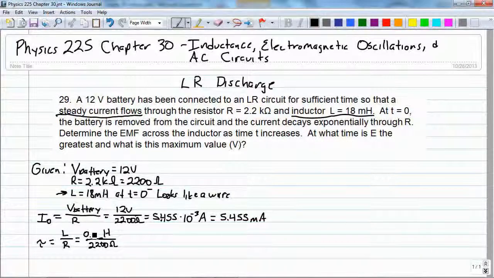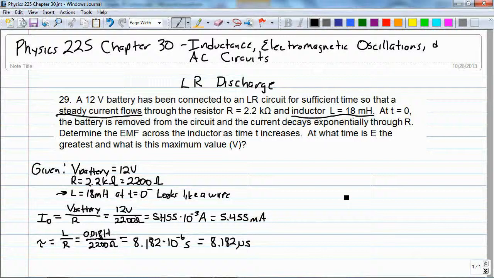That's 0.018, and that gives me a time of 8.182 times 10 to the negative 6th seconds, and that's also equal to 8.182 microseconds.